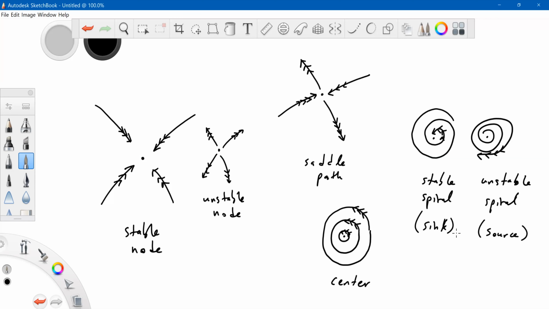So these are the most commonly encountered types of equilibria. And again, once we linearize the models, we're going to see which one is a node, which one is a spiral, which one is a center, which one is a saddle path, because the eigenvalues of the linearized systems will tell us exactly which one is true.